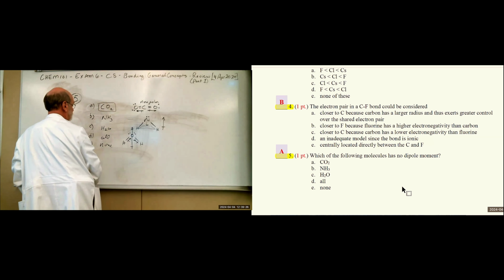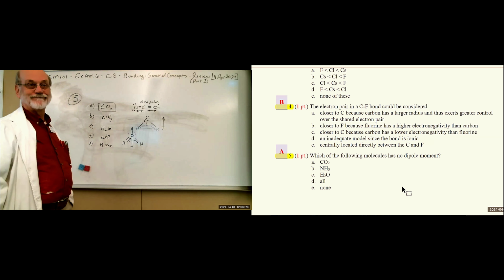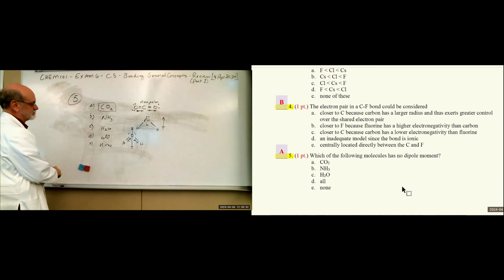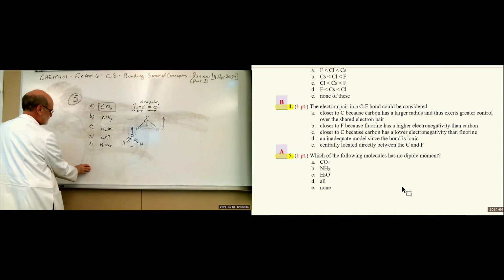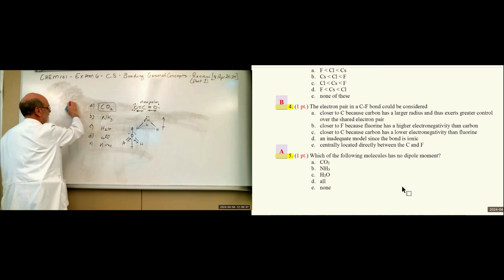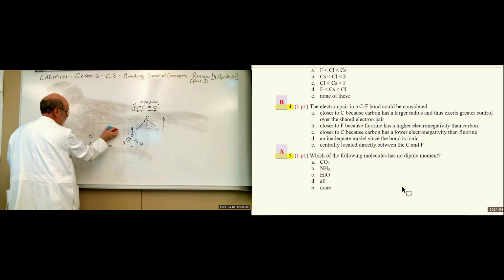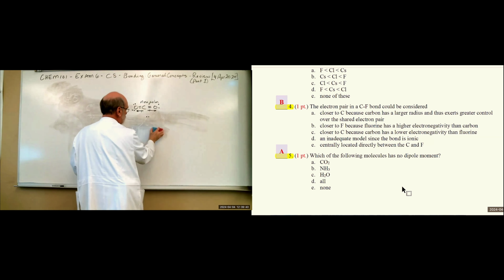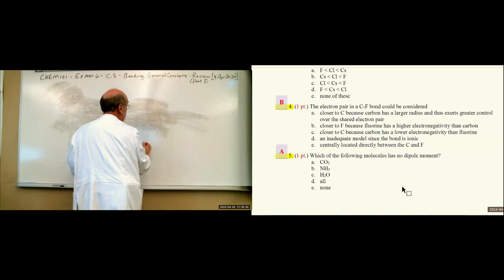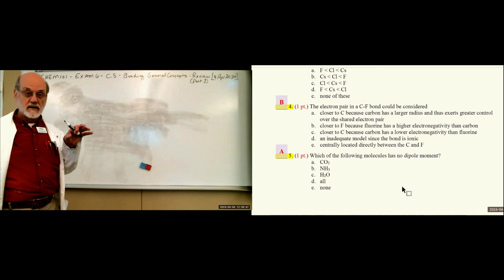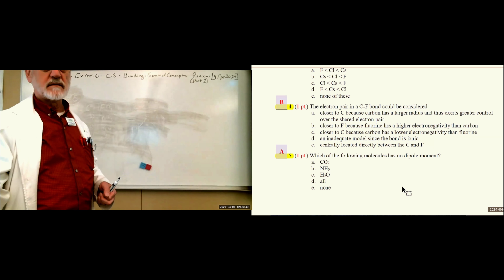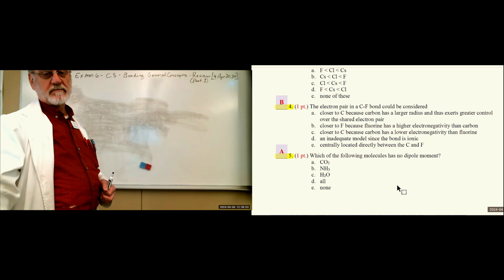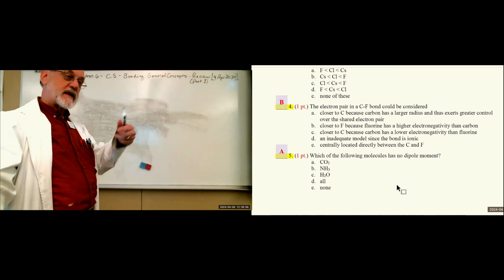That one right there, carbon dioxide. Now, if you don't remember the Lewis dot structure for these molecules, it'll take you a little longer because you'll have to draw the structure in order to tell which way the dipole moment's going.